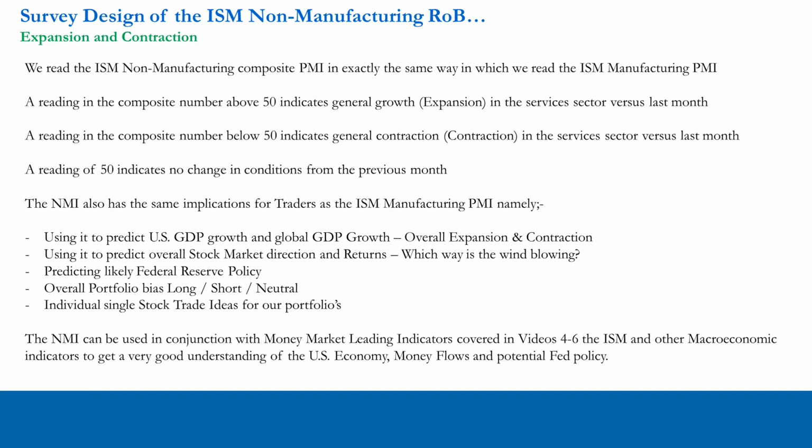So using it to predict US GDP growth and global GDP growth, so a general expectation of overall expansion and contraction in both the US and global economy. We can use it to predict overall stock market direction and potential returns. So we want to know which way the wind is blowing. Therefore, predicting US stock market direction and potential percentage returns of the stock market.